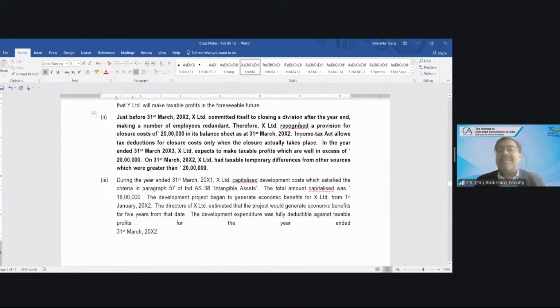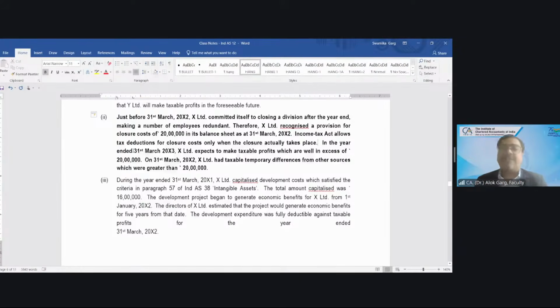Therefore, X Limited recognized a provision for closure cost of 20 lakh in its balance sheet as on 31st March 2002. The Income Tax Act allows tax deduction for closure cost only when the closure actually takes place.